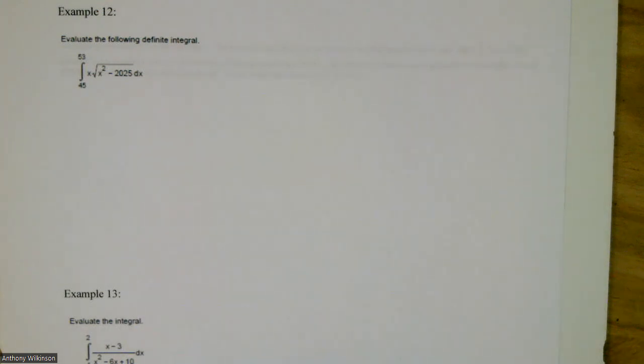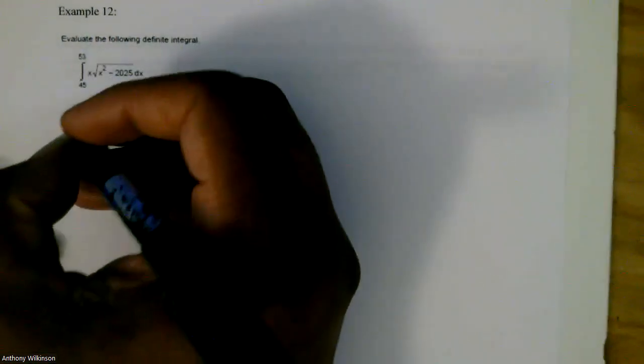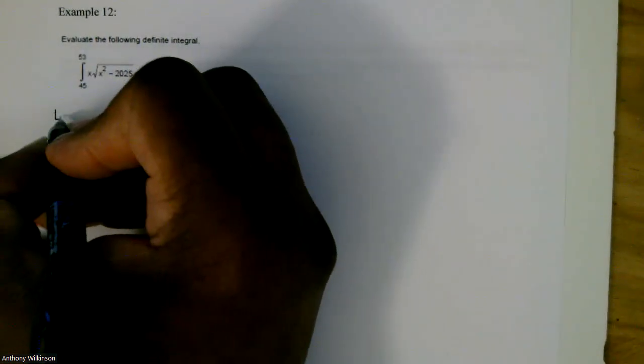let's say we got the integral from 45 to 53 of x times the square root of x squared minus 2025 dx. So in this case, I have to do a u substitution.